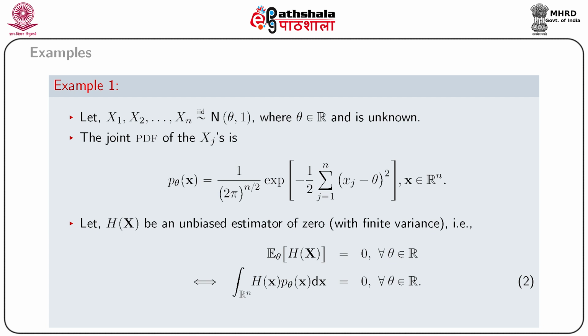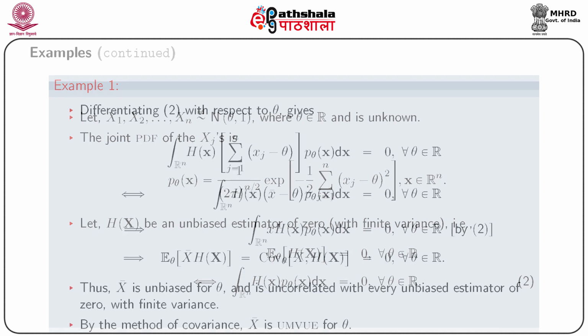Let H be an unbiased estimator of 0. That is, expectation of H equals 0 for all theta, which implies integration over R to the power n of h(x) f theta(x) dx equals 0 for all theta.